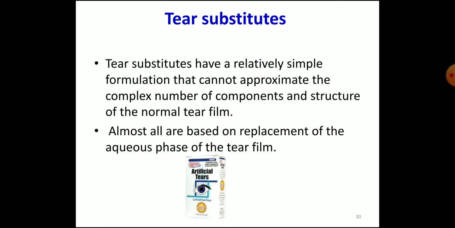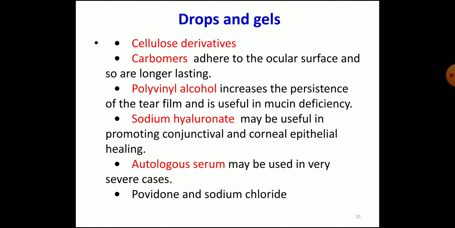So, aqueous layer components are replaced by these tear substitutes. We have three layers: lipid layer, aqueous layer, and the mucin layer. So all the components may not be there in the tear substitute, mainly the aqueous layer components.